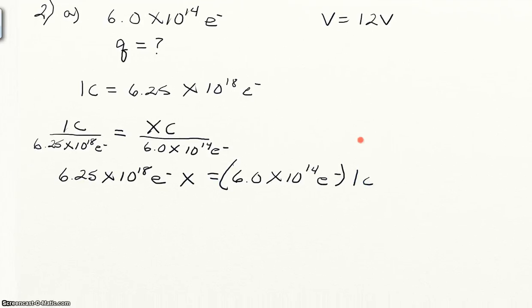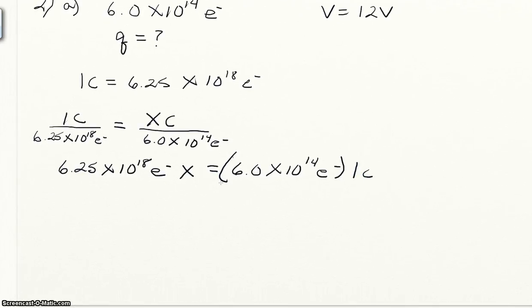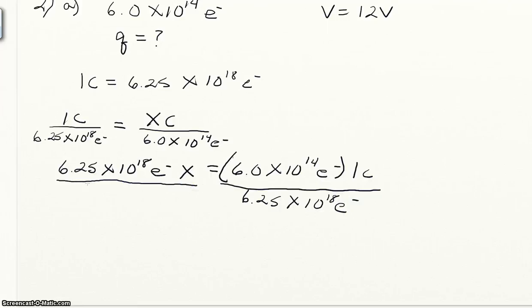Then all we're going to do is divide both sides by the number of electrons in 1 coulomb. This cancels out with the numerator, leaving us with X.